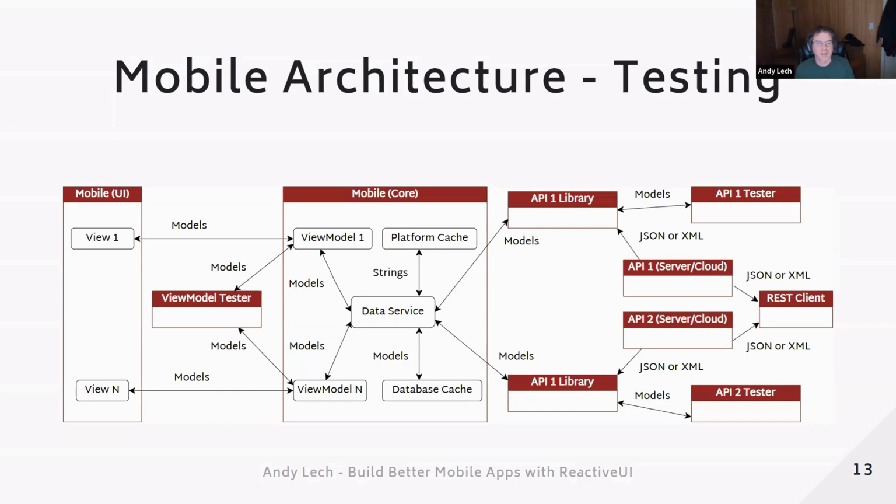I was going to talk more about view model testing, but related to this is API testing on the right. I'm not sure if my mouse is showing up because I can't see it, but with API 1 and API 2, you can test them with a REST client over here, which could be Postman.